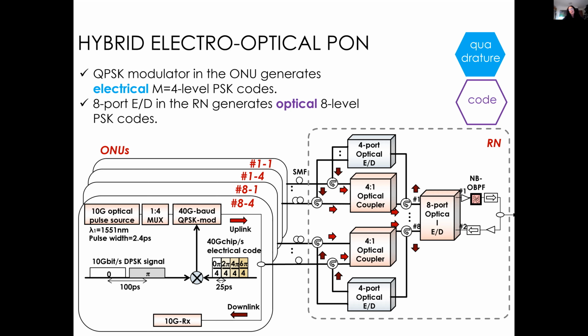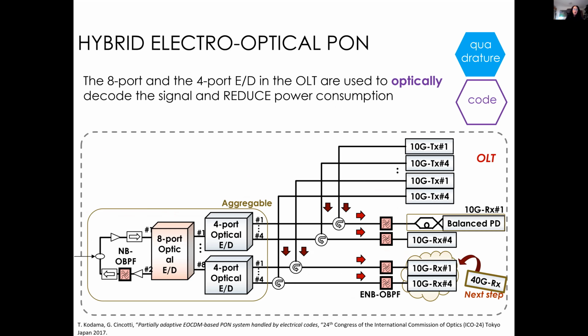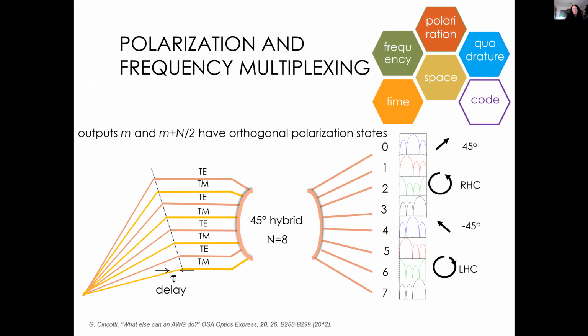Instead, if you use an electrical code, you can change the code, controlling the system in the central office. And that's why we demonstrated this hybrid system with 4 optical codes and 4 electrical codes that can work simultaneously in one system.